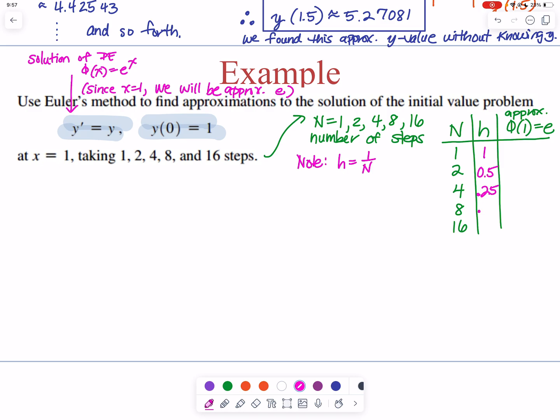We'll have 1/8, which is 0.125, and then 0.0625. Probably didn't do a very good job of that last line. Now we're going to see our approximations for e using this.